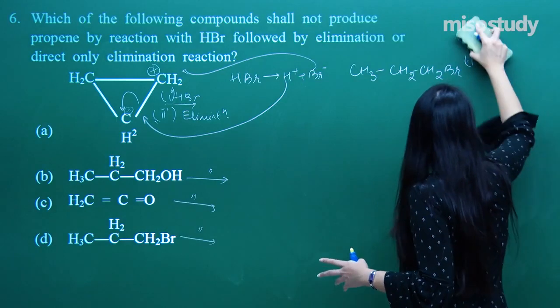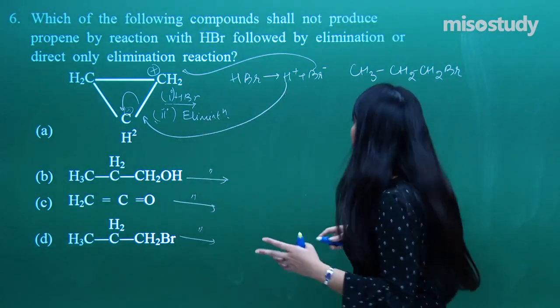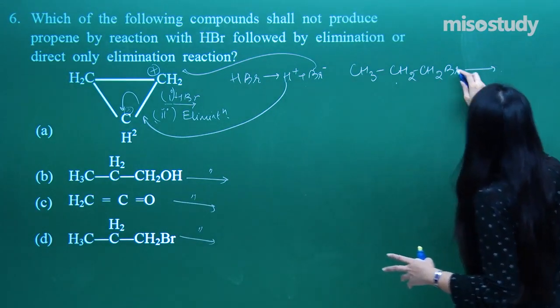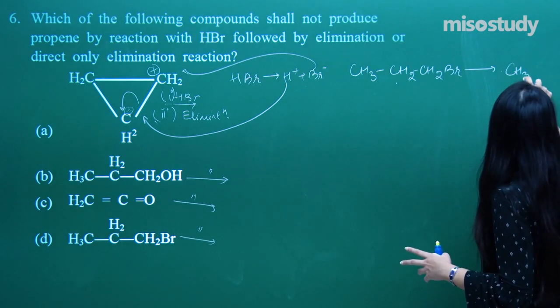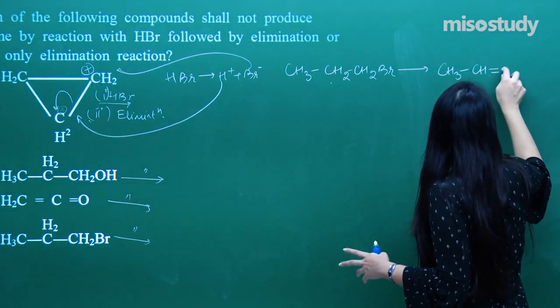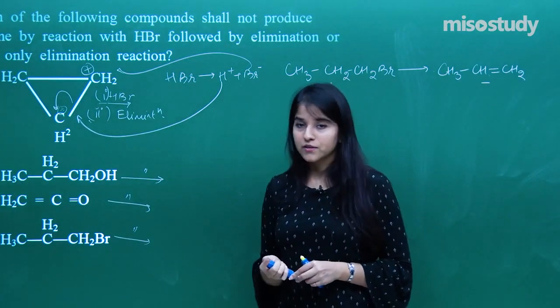That is the first one. And after the elimination what do we get? We get a propene. Definite. It is very much definite with this reaction. So this is not our option.